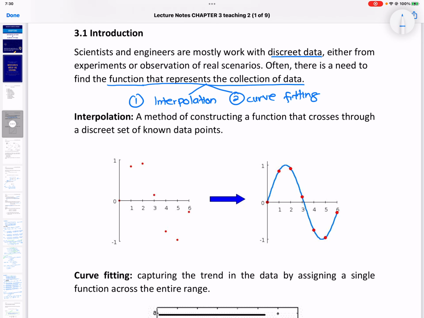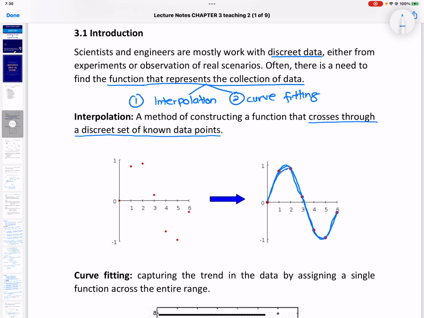Interpolation is a method of constructing a function that crosses through a discrete set of known data points. So if you do an experiment, you have a set of data, so we want to find a function that can fit all the data points we have here. Okay, so this is interpolation.